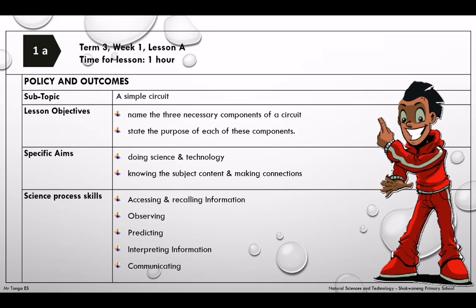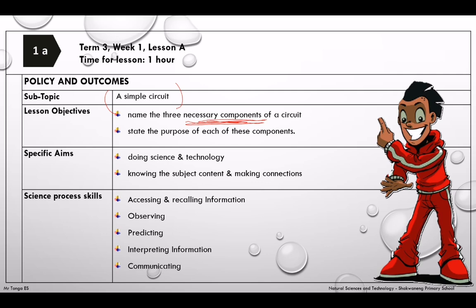Now, let's begin. Our first lesson will typically take us about an hour or so. Our topic is a simple circuit, and we are required to know the following. By the end of this lesson, you should be able to name the 3 necessary components. A circuit has many components, but there are these 3 that are important, which you need to know.